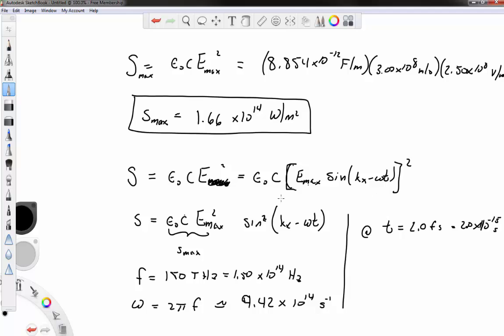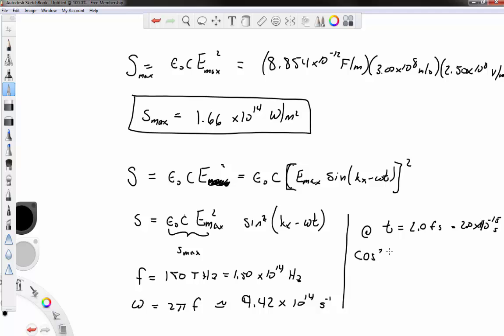Well, we can do some fancy trig work to get to that. Basically, you could say, suppose that kx equals 0, and so at what time are we going to get that first maximum? And the answer is it's going to be after 1/4 of a cycle. Well, instead of going through 1/4 of a cycle, we could instead replace the sine with a cosine.